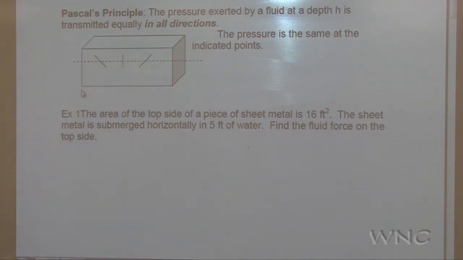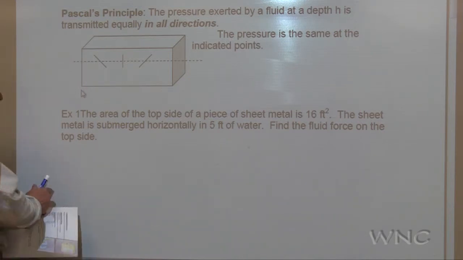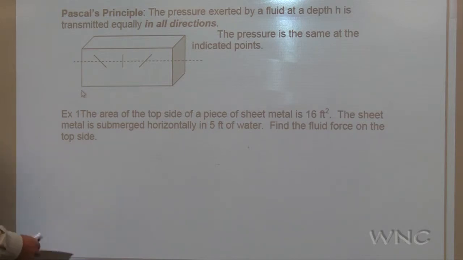The area of the top side of a piece of sheet metal is 16 square feet. The sheet metal is submerged horizontally in 5 feet of water. Find the fluid force on the top side. So imagine a tank of water.